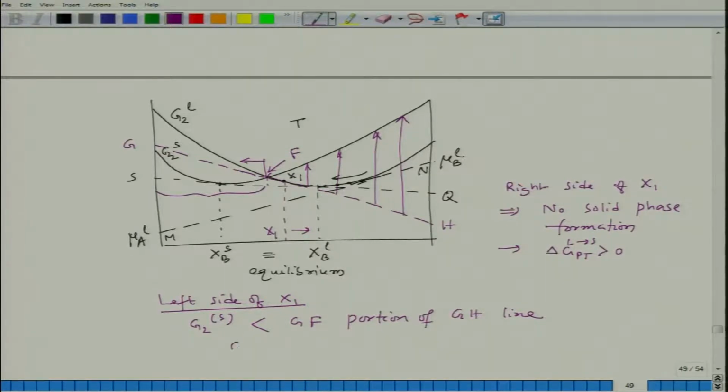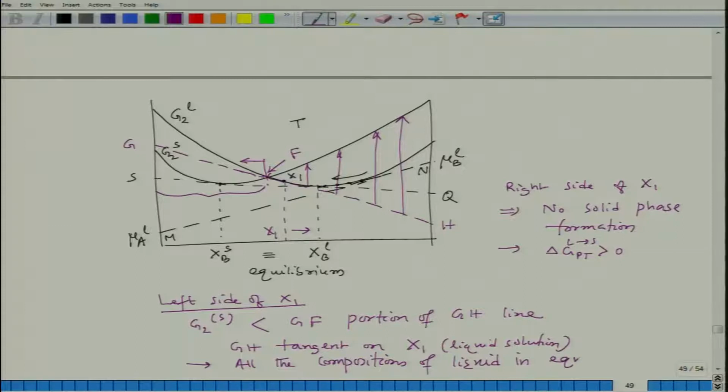GH line is the tangent at the X1 liquid solution, indicating all the compositions of liquid in equilibrium.